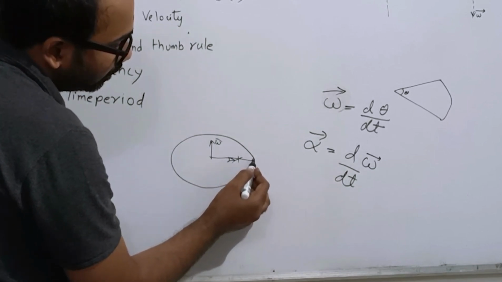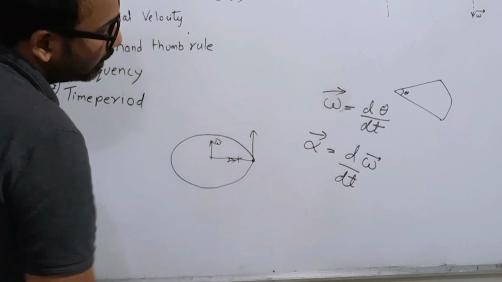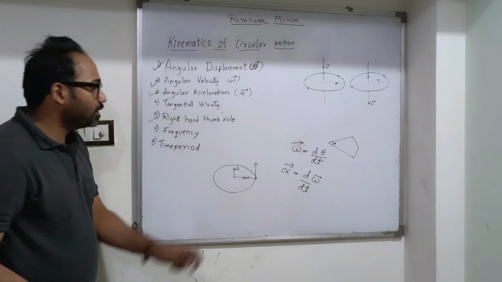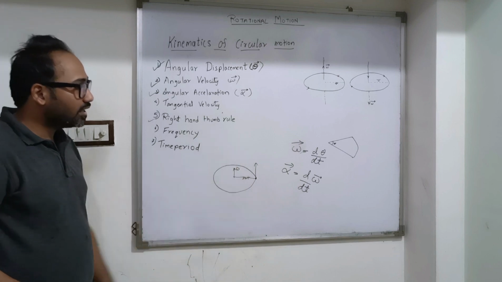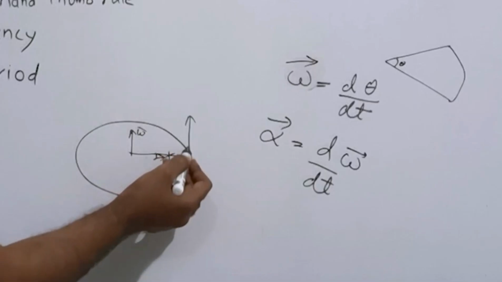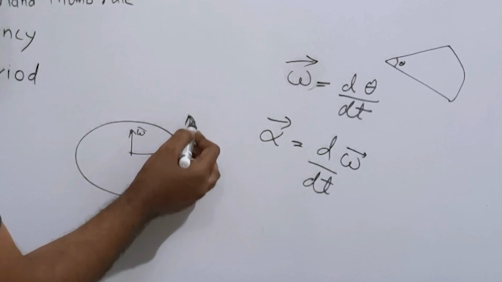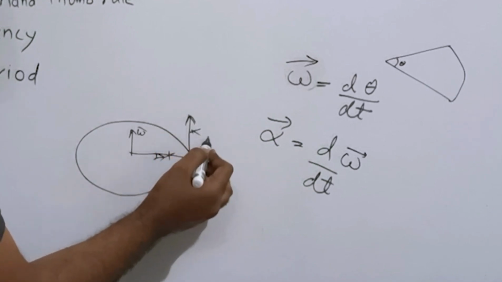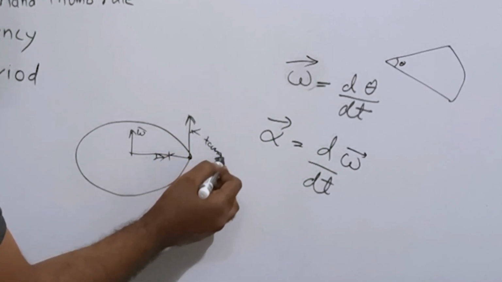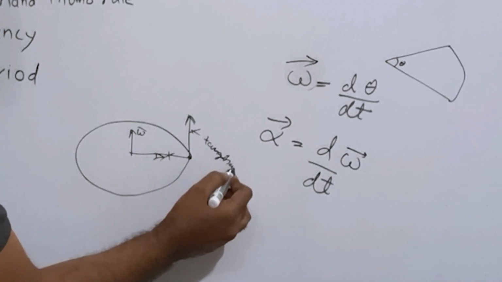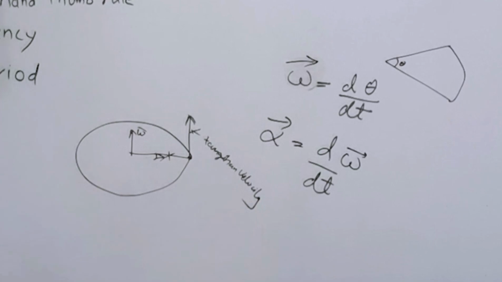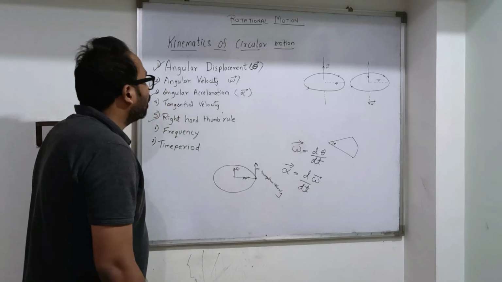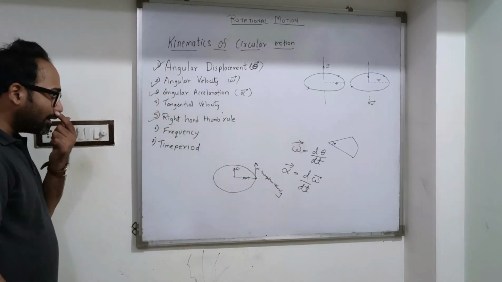This object will go in a tangential direction, with a velocity called tangential velocity, or linear velocity. So how would we calculate that?